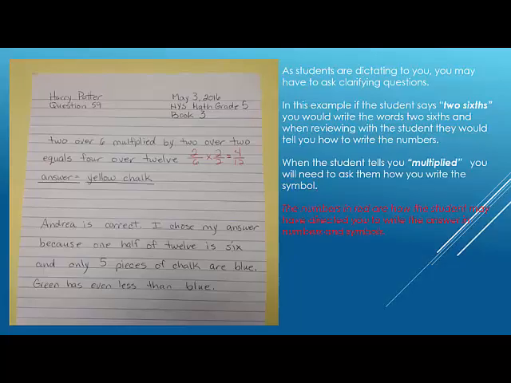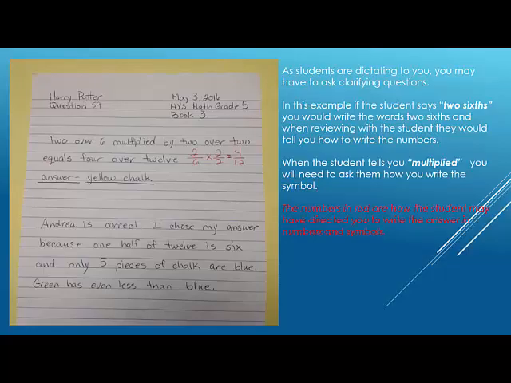Now in this example, the red is what would have been written down on the scribed piece of paper after your conversation with the student. And you may write one example down and the student will correct it, so you simply cross it off and rewrite it until the student tells you that yes, those numbers and symbols are correct.